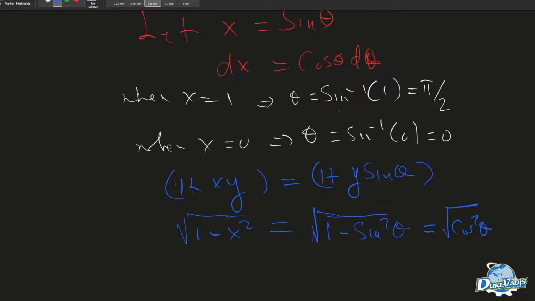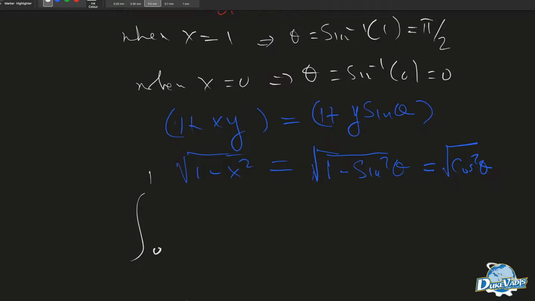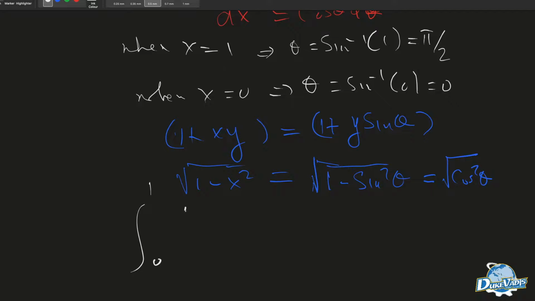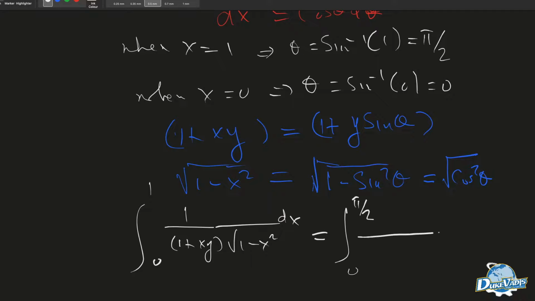So our integral that we saw earlier, the integral from 1 to 0 of 1 over 1 plus xy into bracket 1 minus x squared dx, will be equal to the integral from 0 to pi on 2, all over 1 plus y sine of theta into bracket the square root of cos squared theta.